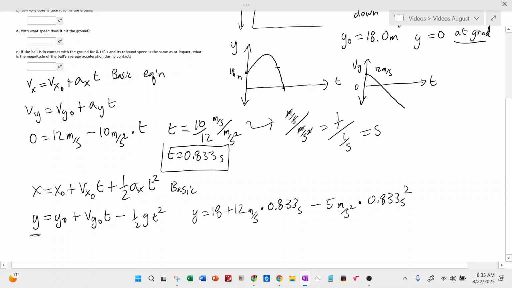So all the numbers are given. This is a relatively easy problem. When that's the case, I didn't have to do any weird algebra. And I'm just plugging in my calculator to see what I get.